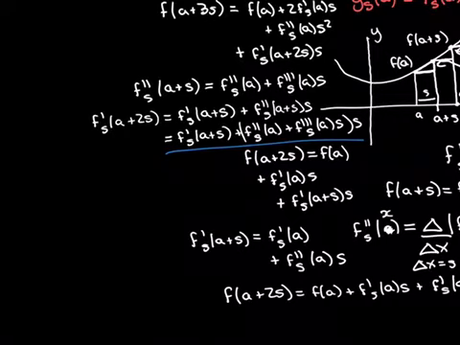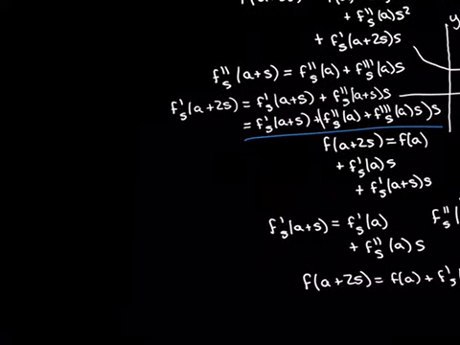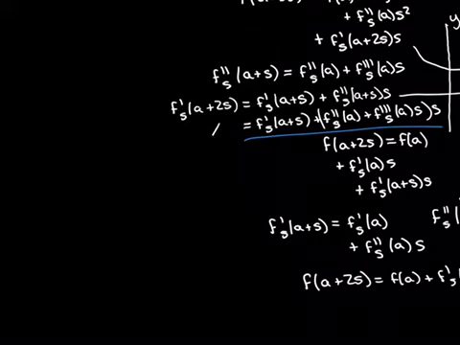And I do apologise if this comes out wrong, but you get the overall picture of what I'm attempting to do here: if you know the value of the function, the first derivative, the second derivative, and the third derivative, you can in principle work out the value of the function at a plus 3s. But let's continue on. Let's brave this.